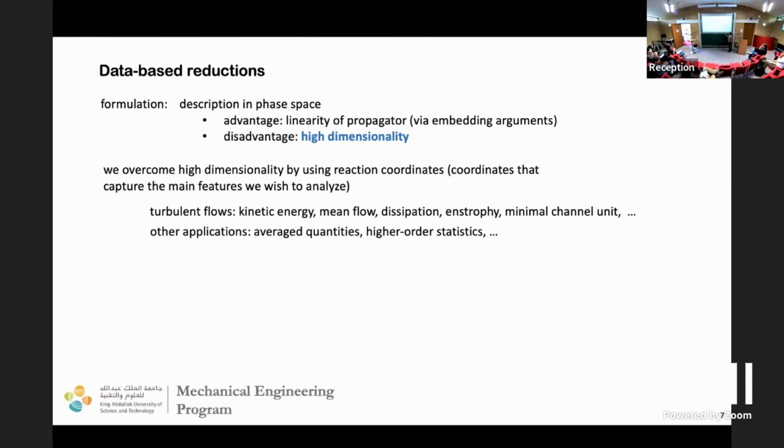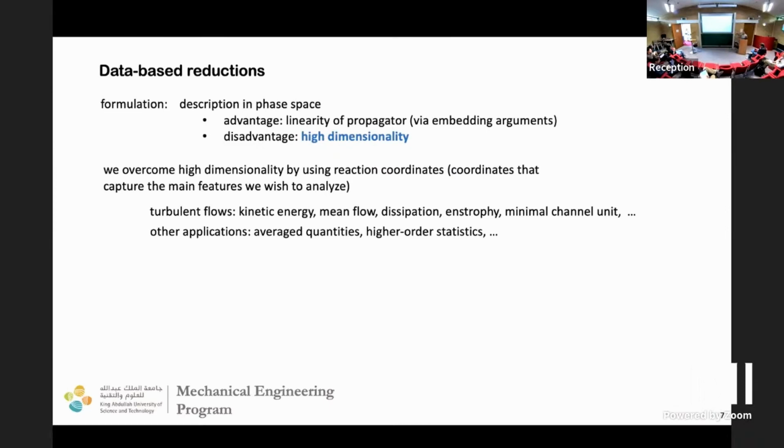So we're going to boil down the high dimensionality by using reaction coordinates. The reaction coordinates are basically coordinates that capture the main features of the flow that we wish to analyze. So for example, if you have a turbulent flow, your reaction coordinates could be some kind of an integrated kinetic energy, the mean flow, the integrated dissipation.